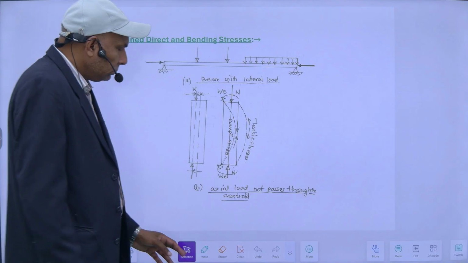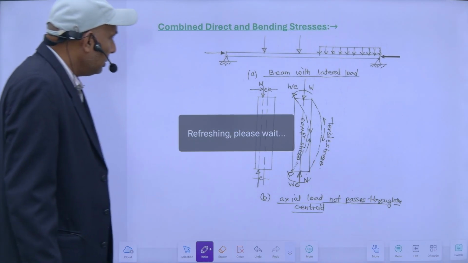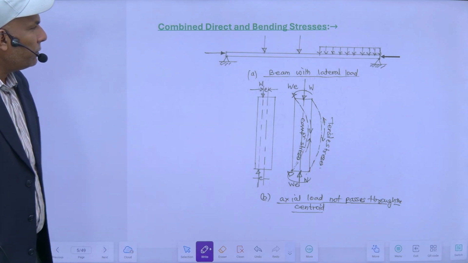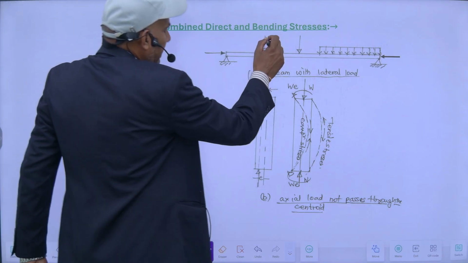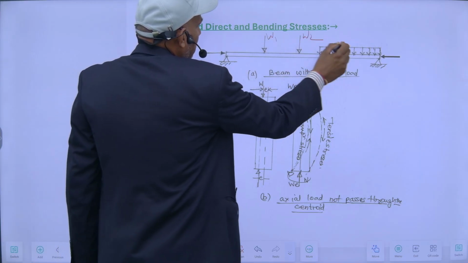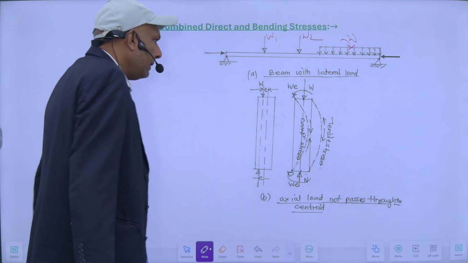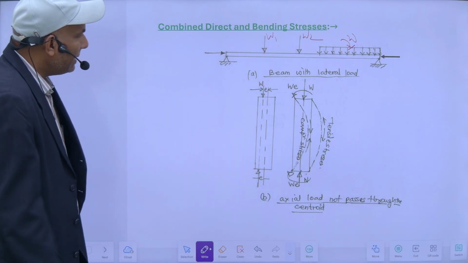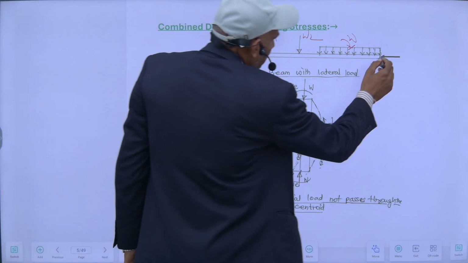This is a simply supported beam. Vertical loads, say W1, W2, and W per unit length, are acting on the beam. In addition to this transverse load, there is also an axial load at both the ends.